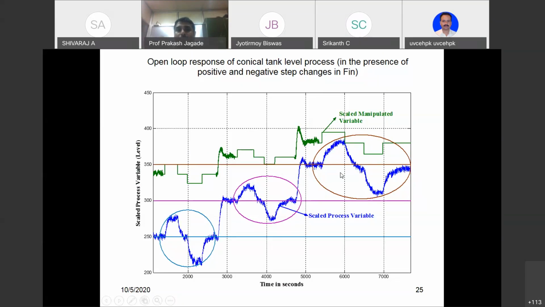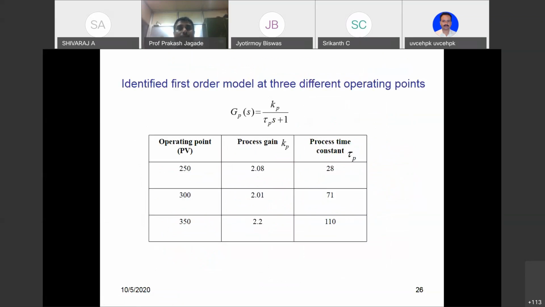At 3 different operating points, we have developed models. You can see around operating point 250, the process gain is 2.08 and the time constant is 28. Around 300, there is not much variation in the process gain, but the time constant has drastically increased.